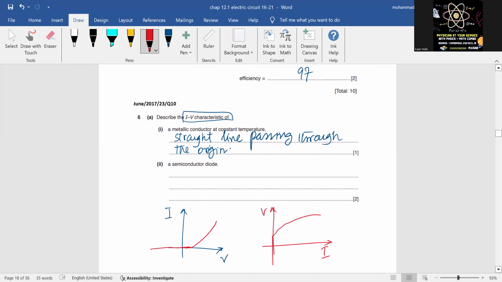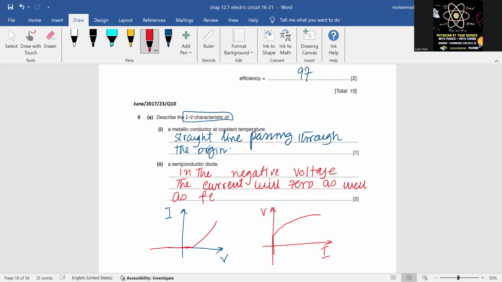So you can say that in the negative voltage, meaning when you are connecting it with the opposite polarity of the battery, the current will be 0, as well as in the first few positive volts.